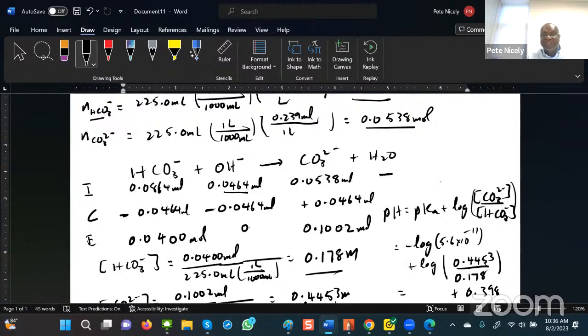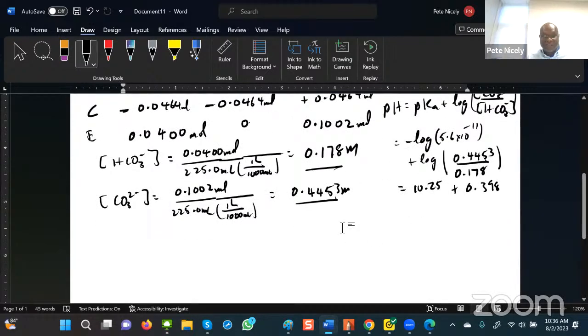According to my calculation, that would be 10.25. And then 10.25 plus 0.398, and the answer I got when rounded off to 2 decimal places is 10.65. So that would be the final answer.